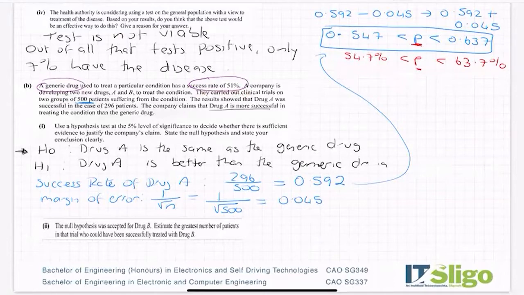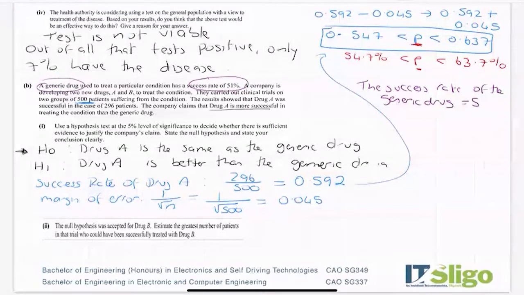So how do we write it? Well, we say the success rate of the generic drug equal to 51% lies outside the confidence interval established above. I never said that this was actually called a confidence interval when you set it up.